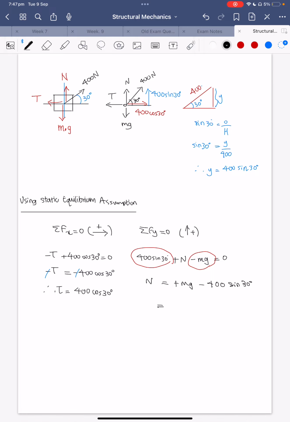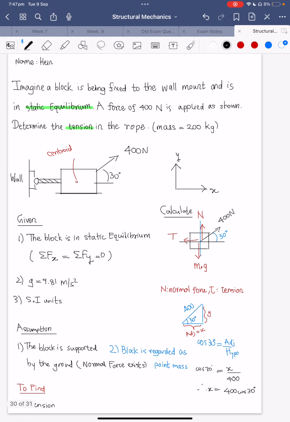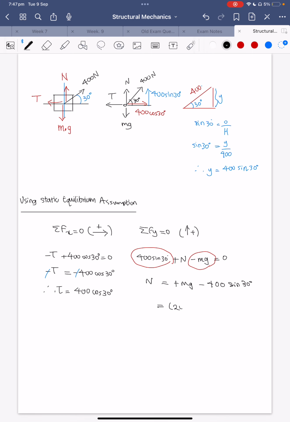And my m is given by 200. So 200, and my gravity assumption is 9.81. And then subtracted by 400 sine 30, that will be it. So that is the first one. And the second one, I'll actually calculate cos 30.